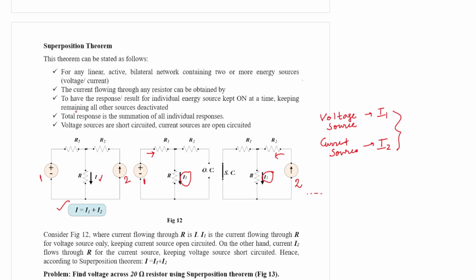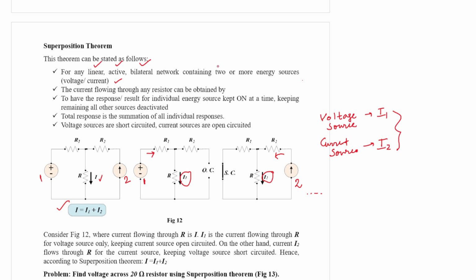In the first point, it is written for which type of network the superposition theorem will be applicable. It will be applicable for linear network, active network, and bilateral network. These three are very important terms, the definitions of which were already discussed in module 1.